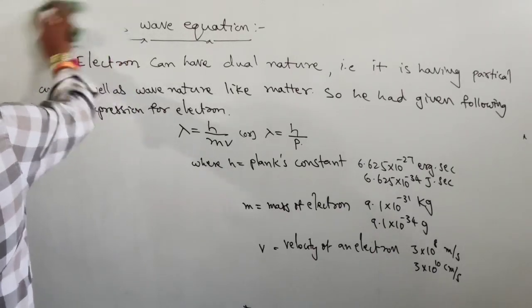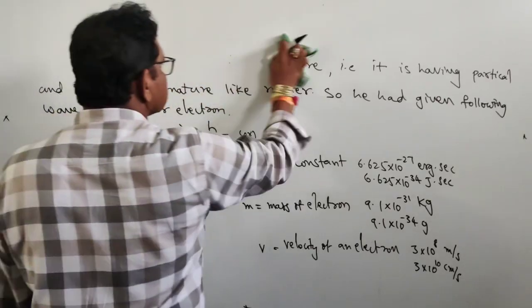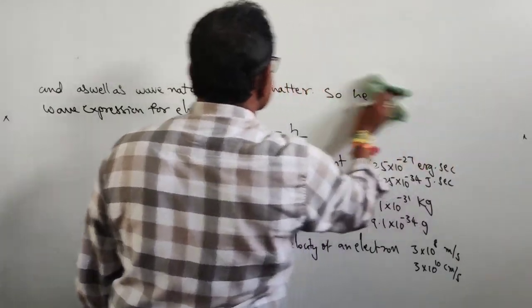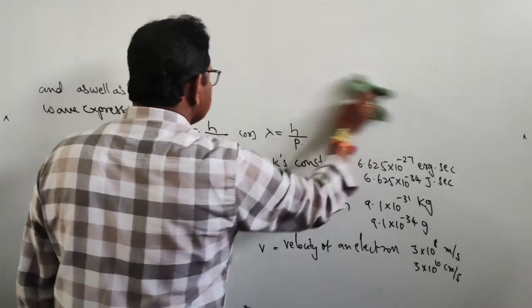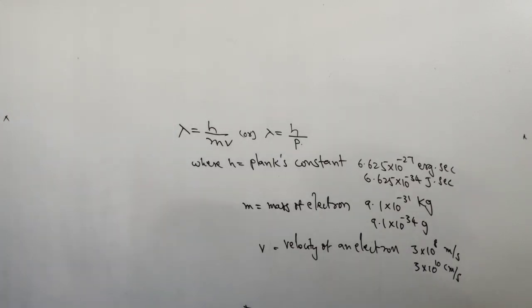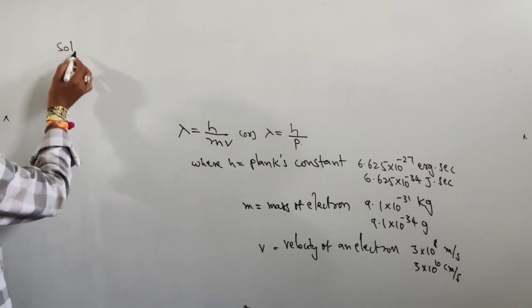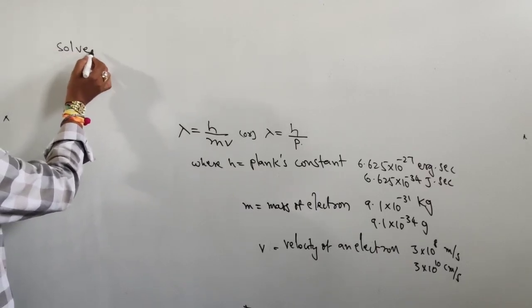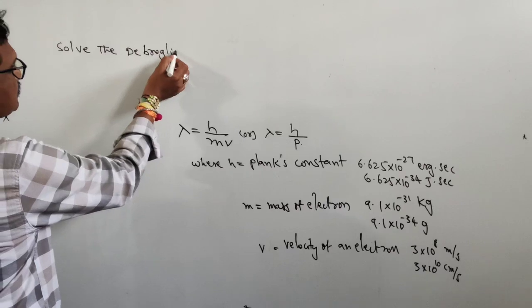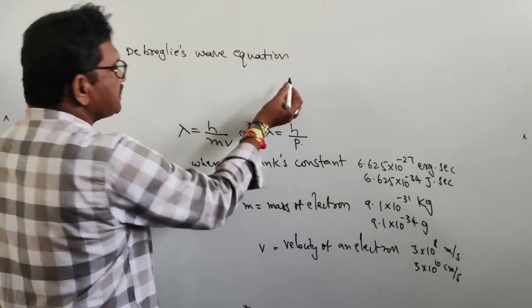I want to deduce the de Broglie wave relation, wave equation, as the following.